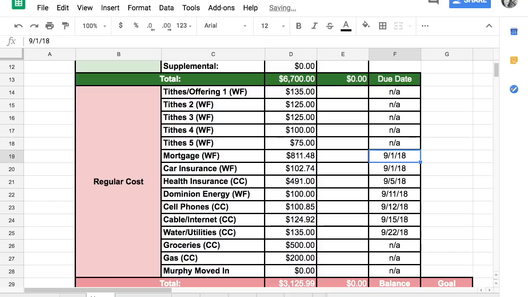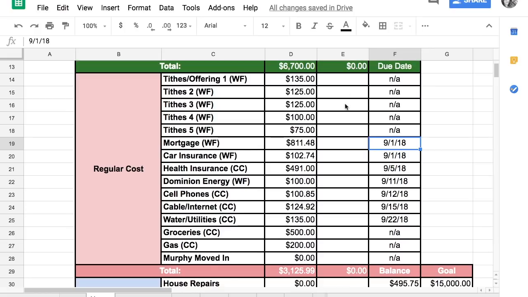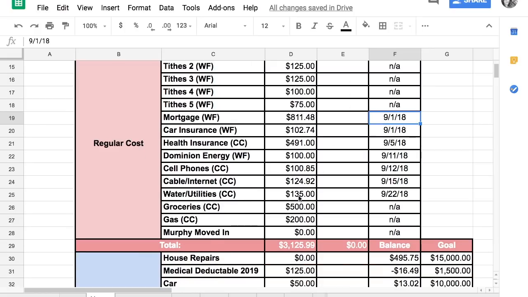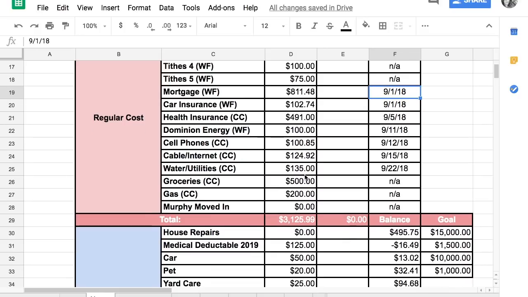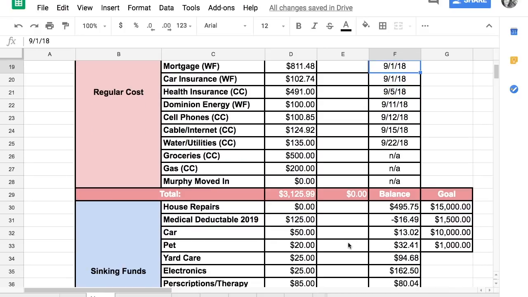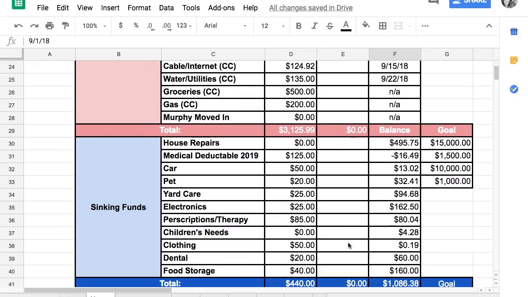I'll go ahead and change out all of these. It actually says September, even though I copied it from October's budget, but I'll go ahead and change these after the end of this budget report to reflect the correct date. Okay, so groceries is the only regular cost that I increased for this month just because we have 5 weeks.